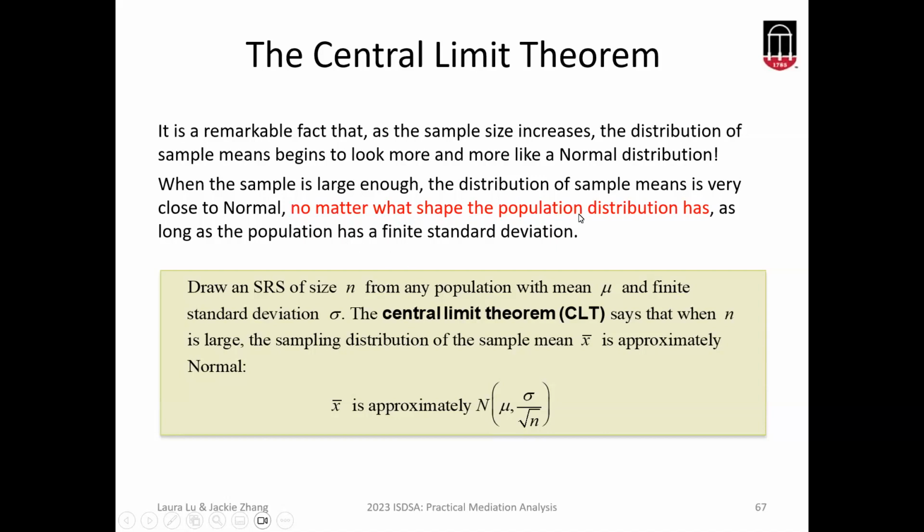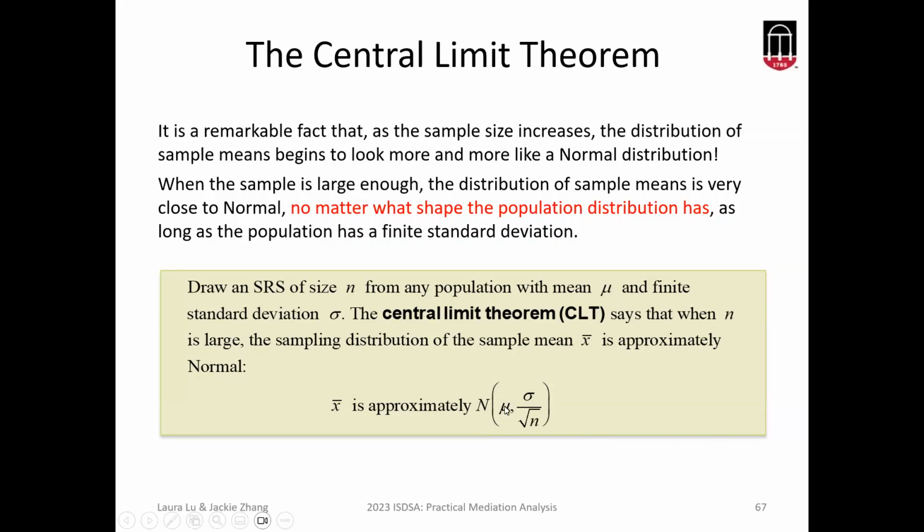No matter what shape the population distribution of the original X is, when we draw many samples from it and the sample is large enough, the distribution of the sample mean is very close to normal. So the original X may have a very weird distribution, but X bar, the mean of X, will be approximately normal.